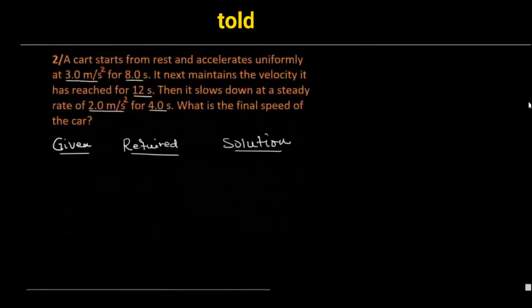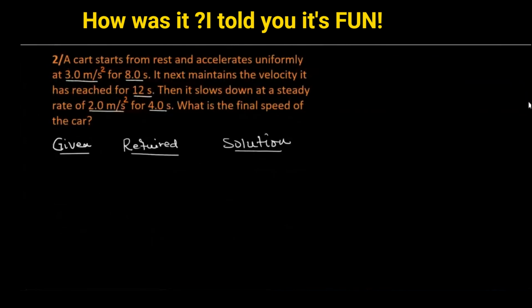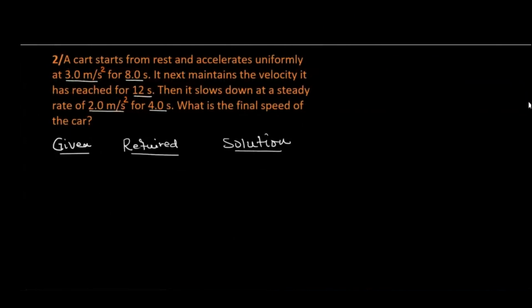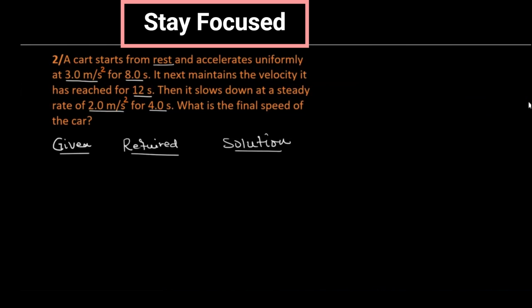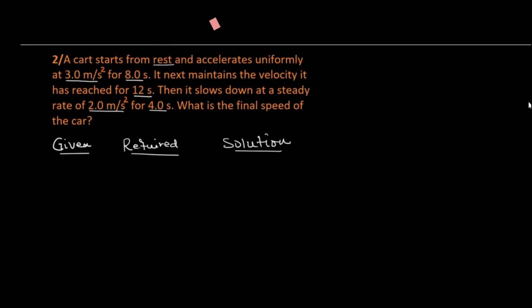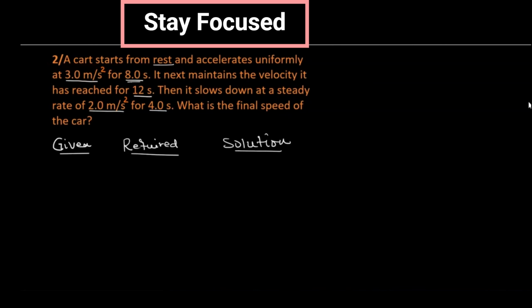All right, look at this again. Still, don't forget the equations. You might need them, so write them down somewhere on your paper. In this problem also, I would read the whole problem first to make sense. A car starts from rest, which is one indication, and accelerates uniformly at 3 meters per second squared for 8 seconds.